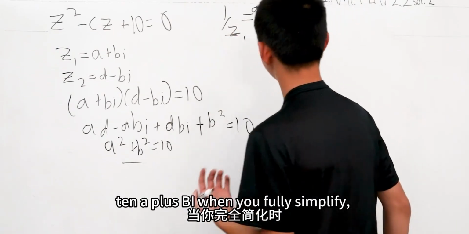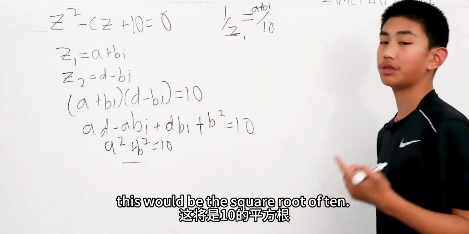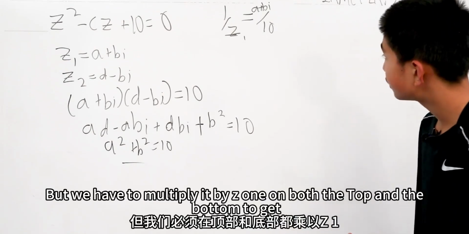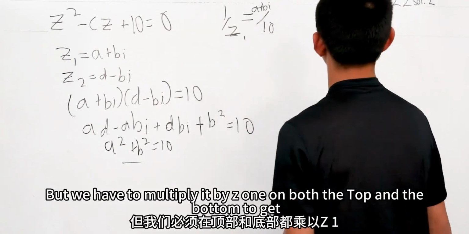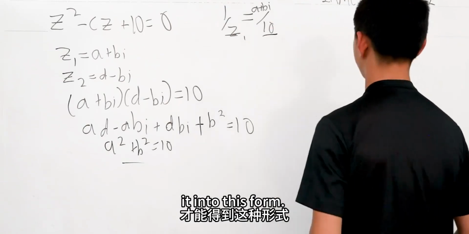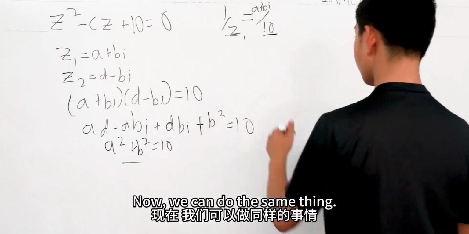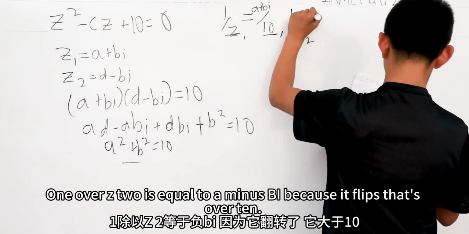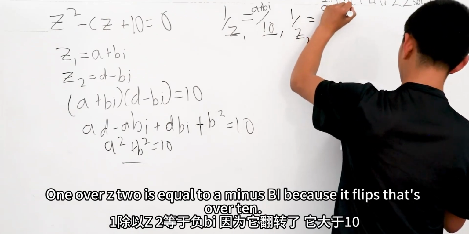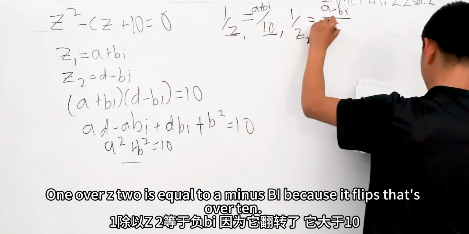When you fully simplify, we have to multiply it by the conjugate on both the top and the bottom to get it into this form, giving a minus bi over 10. Now, we can do the same thing. 1 over z2 is equal to a plus bi over 10, because it flips.